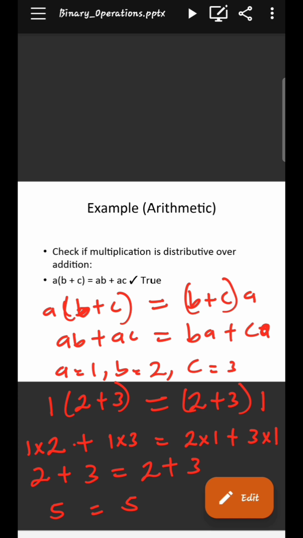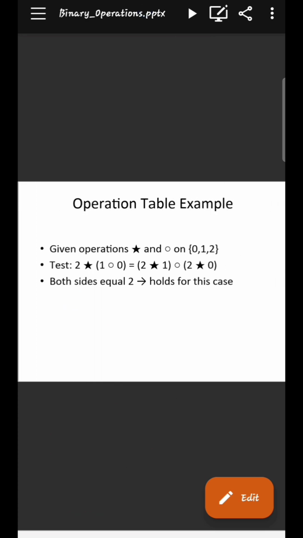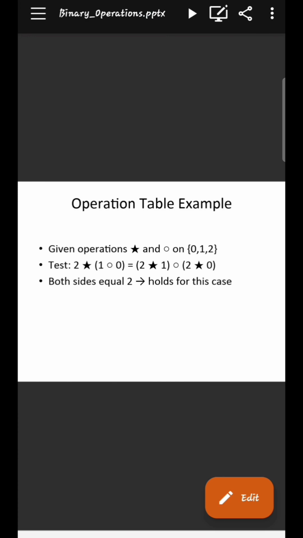Take note of all that we have written. Make sure you write the notes and the examples. Now let's move to the next slide. Another example. Look at this. Given operation star and this other operation, we are given two operations here.